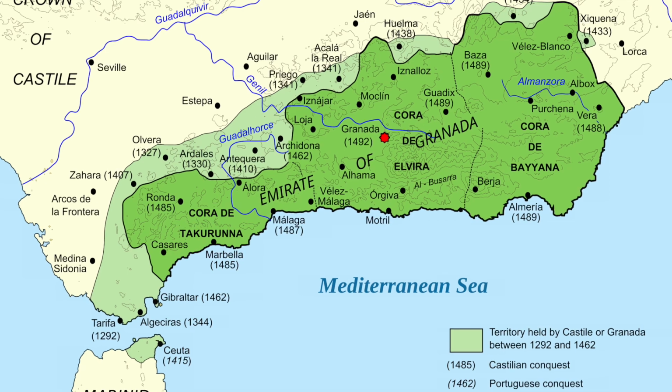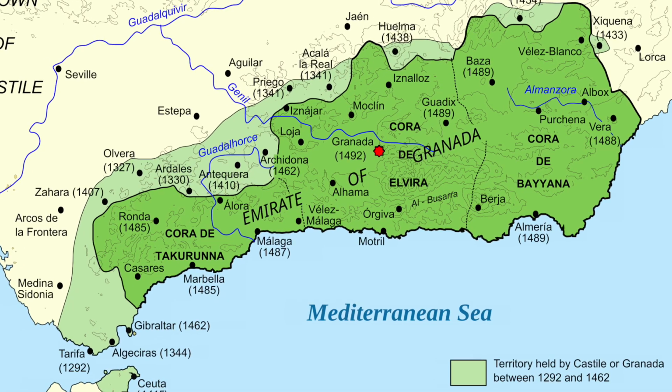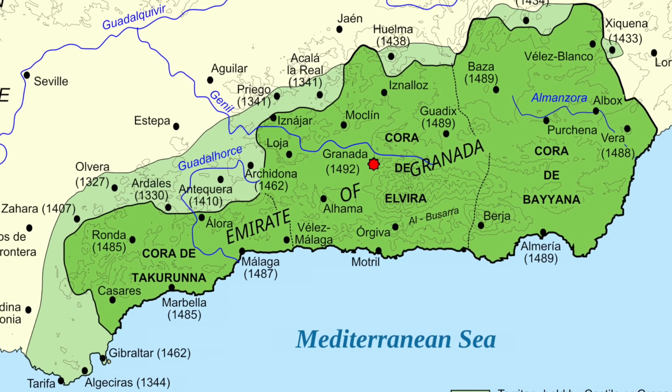And in Grenada, Grenada is in southern Spain, and it is the sort of last piece of what is now modern Spain that the Spanish retook as a part of the Reconquista, which I had mentioned in previous episodes. It was this long process over centuries of the Spanish kicking out, often because of just straight up religious bigotry, Muslims who had settled in southern Spain after an initial invasion of Muslims in the 700-800s.